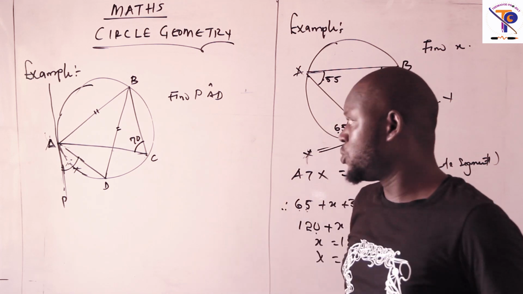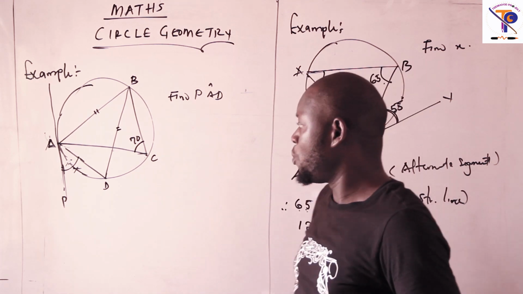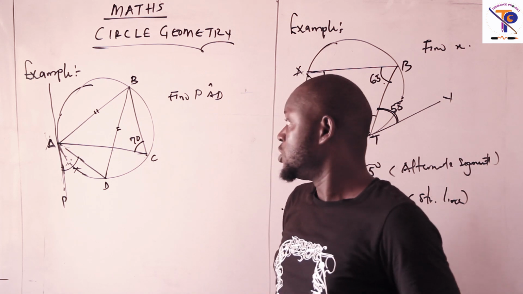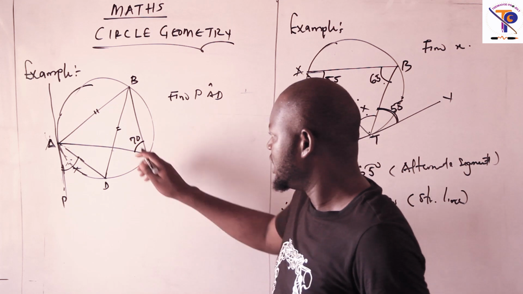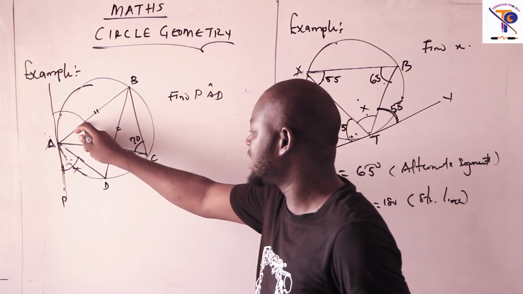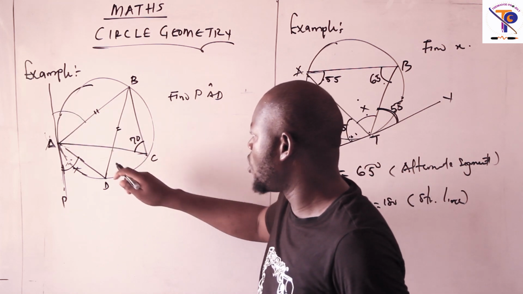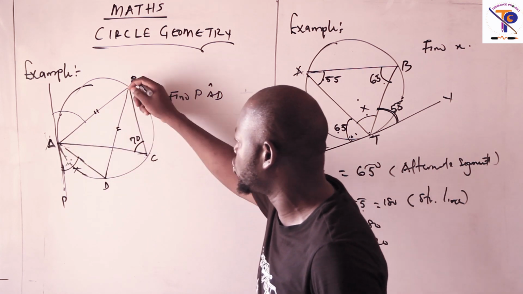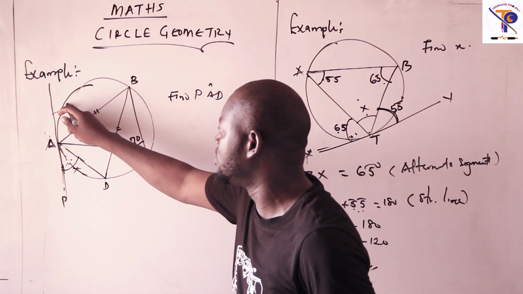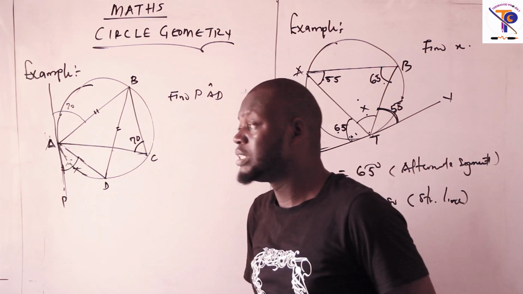Don't forget your pencil. Let us check this out. Then we know how to write it for WAEC. So here I know that this angle, sorry, will be equal to 1, 2, 3. That means a triangle. This is 70 degrees, alternate segments.